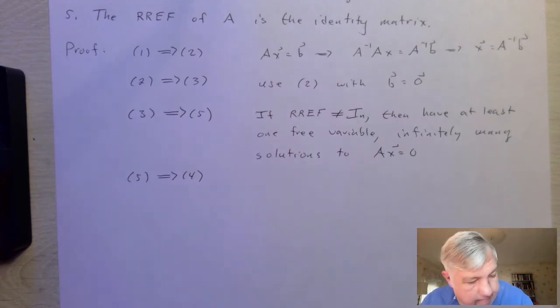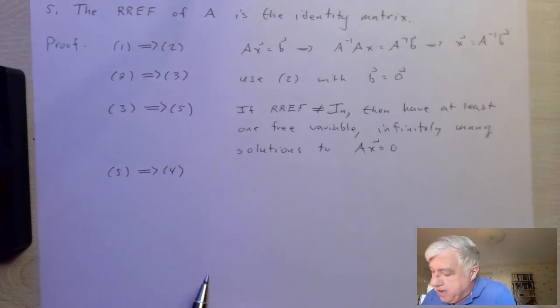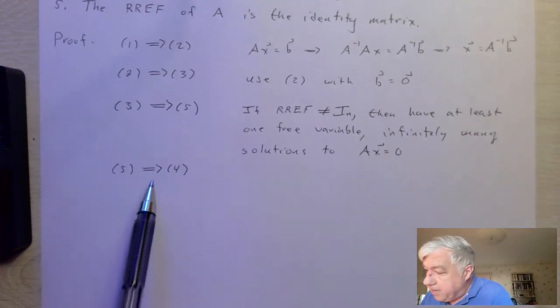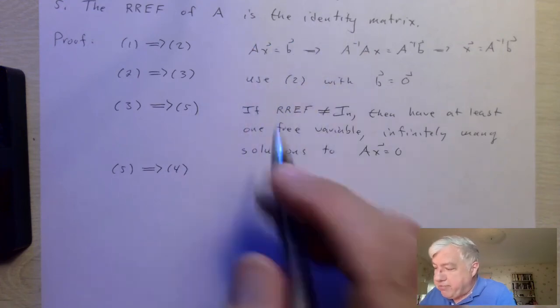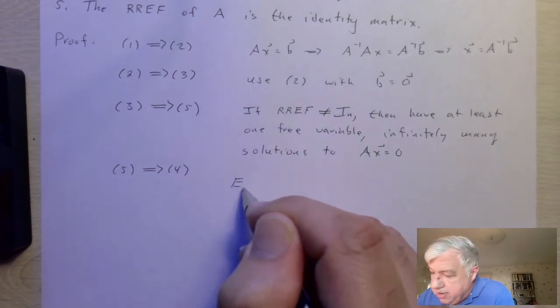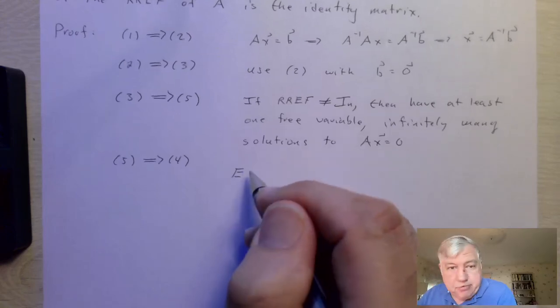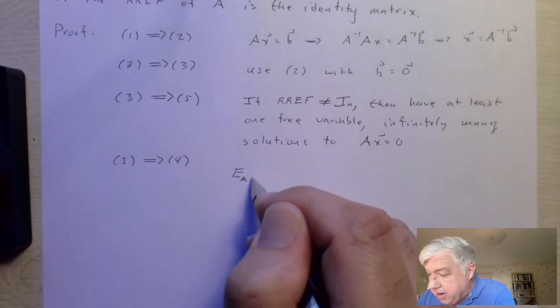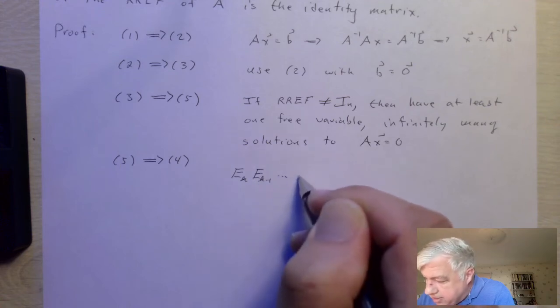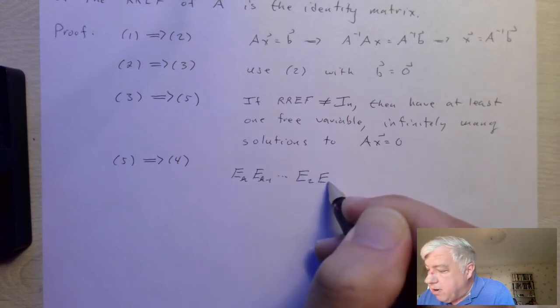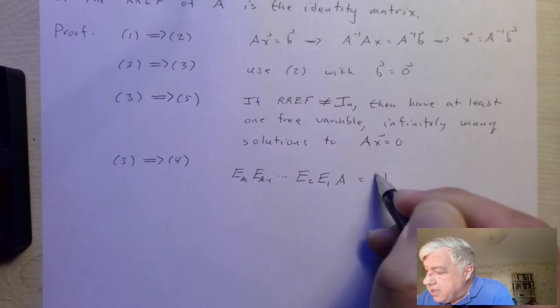Okay, next, we have 5 implies 4. That just refers to the fact that if the reduced row echelon form is the identity matrix, then we have elementary matrices E_k, dot, dot, dot, through E2, E1 times A is the identity matrix.